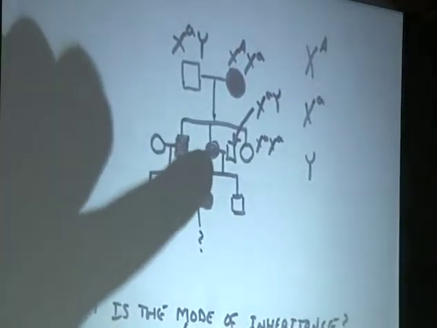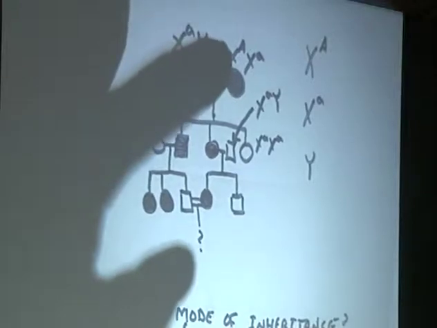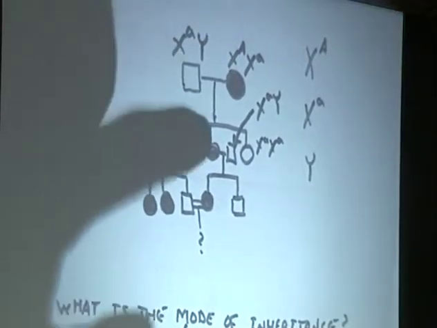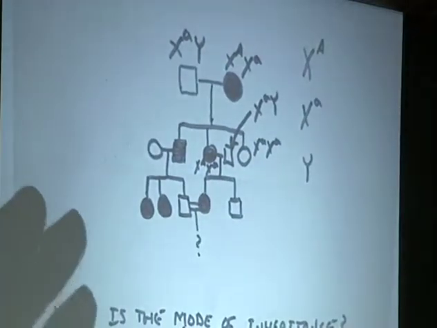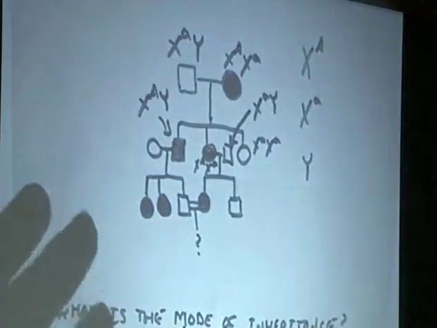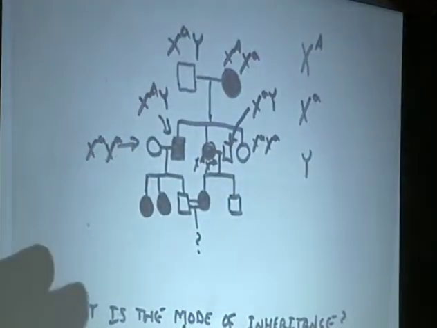This female must be heterozygous. She picked up this dominant allele from her mother, but she picked up the recessive allele from her father. So she's X big A, X little a. The male here is X big A, Y. And this female over here on the far left must be X little a, X little a.